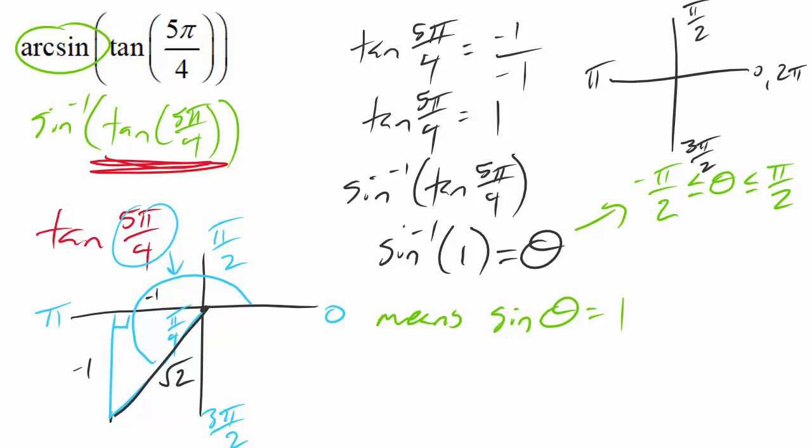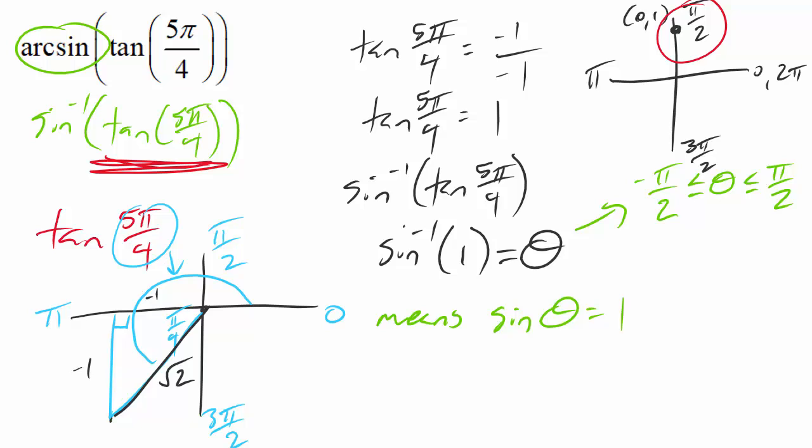But for sine to be equal to positive 1, that means we are going to be looking at the y values for positive 1, and that's going to happen right here at the point 0, 1 on the positive y-axis, which means our angle is this pi over 2.